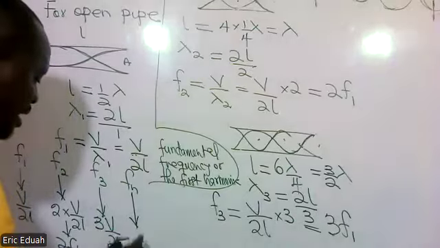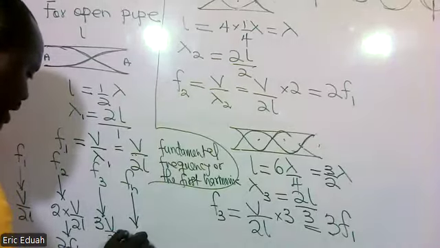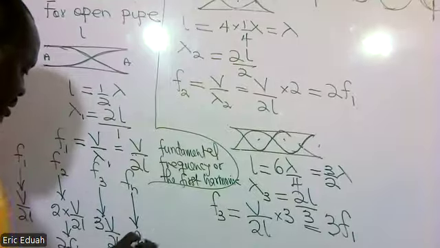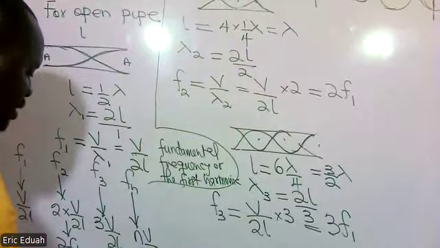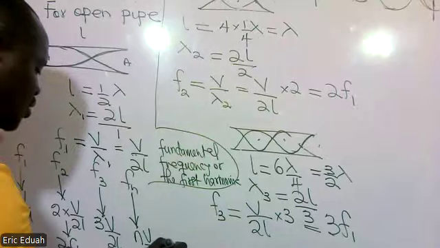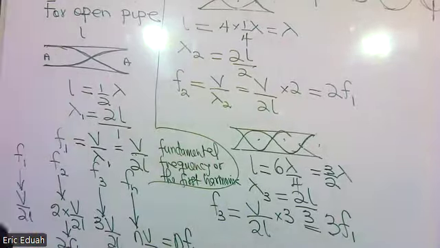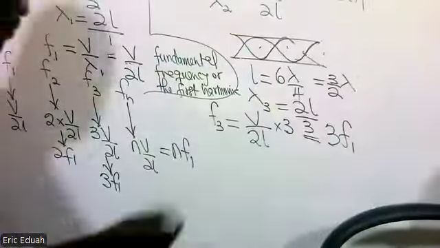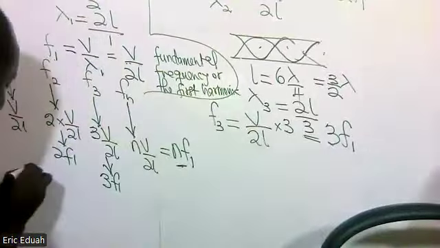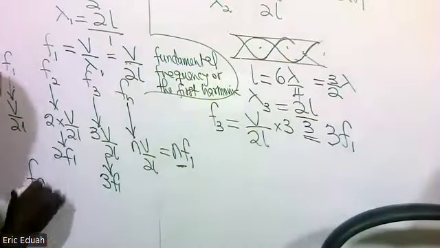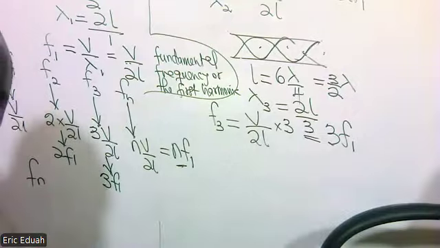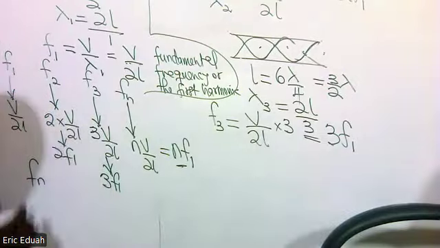Therefore, Fn will be equal to n times V on 2L, which is also equal to n times F1. So this would be the frequency for the nth harmonic, the nth note or loop.